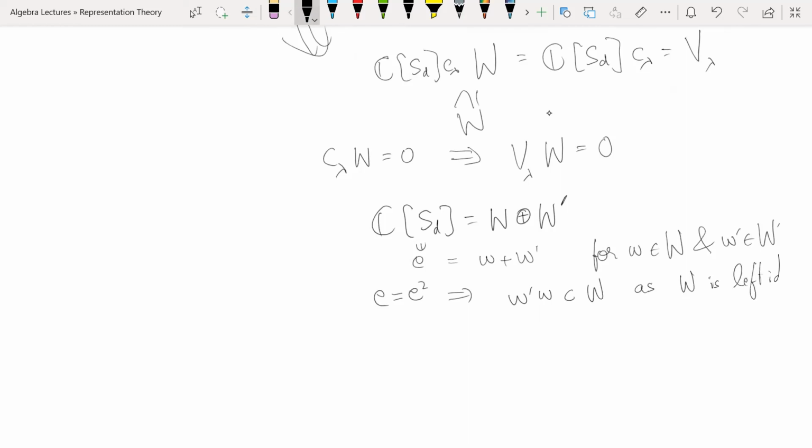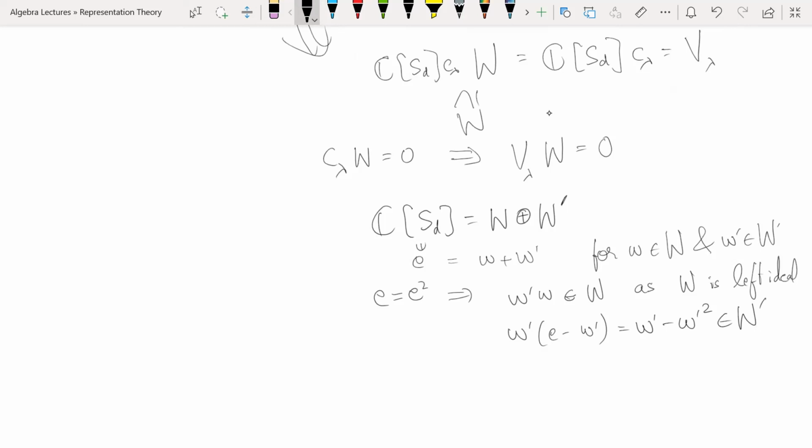But now W is E minus W prime, that is the identity. And this thing is basically inside W and W prime. So this is equal to W prime minus W prime square, which of course is in W prime.